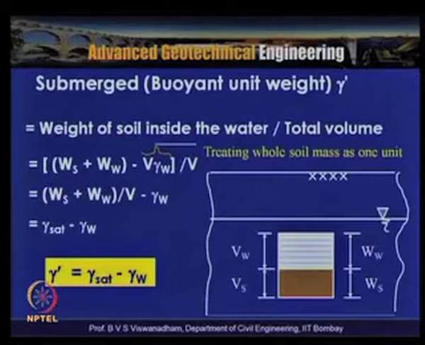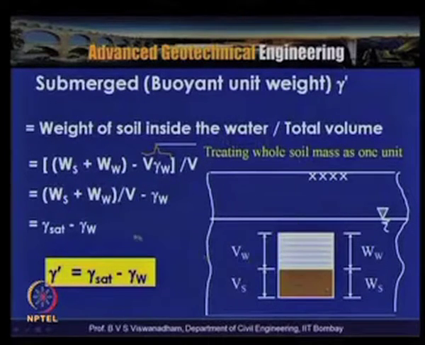For that, if you see the simple illustration here, we have taken a ground surface, and this is the groundwater table, and this is the soil mass which is completely saturated, with weight of water and weight of solids, which is the weight of soil mass submerged below the water table, and volume of voids, volume of solids and volume of water on the left hand side here. We can write the weight of soil inside the water divided by total volume.